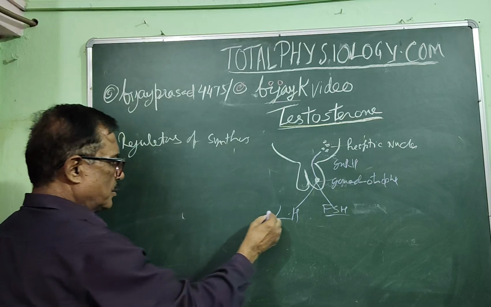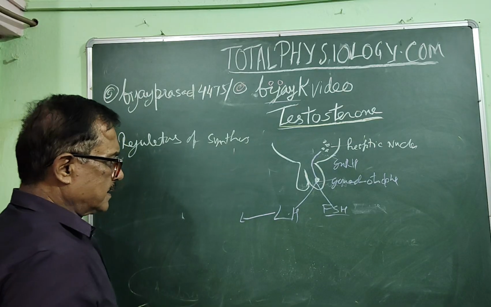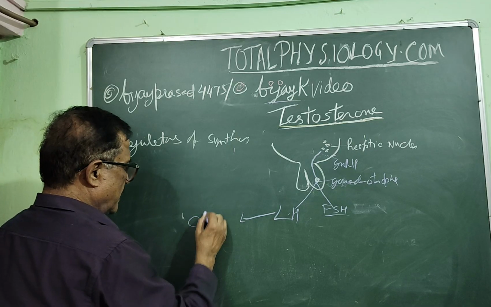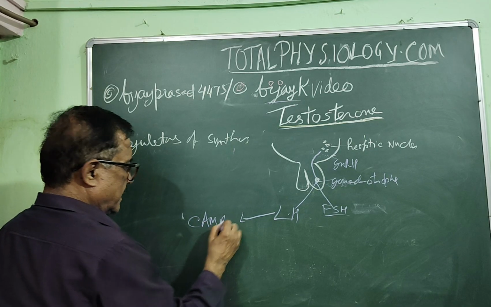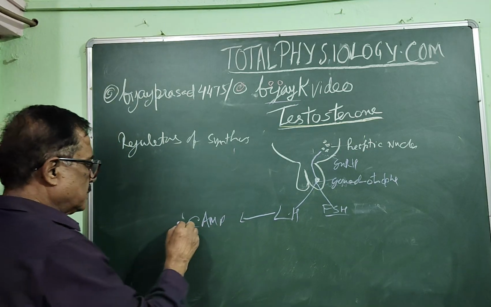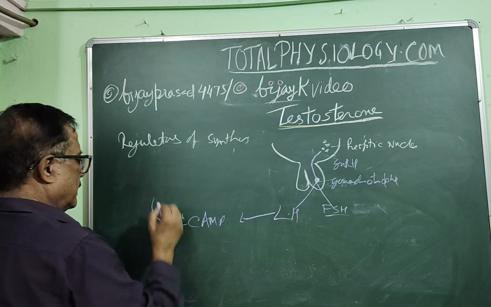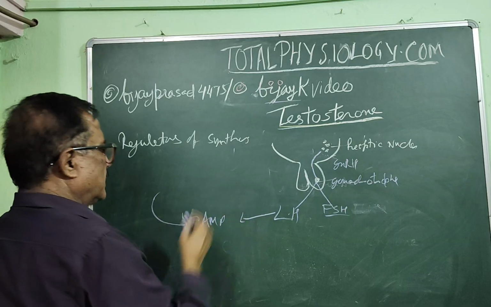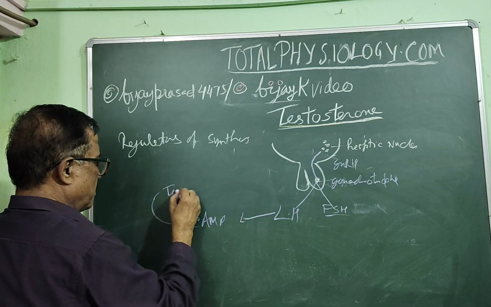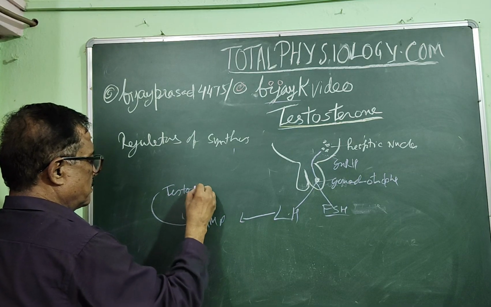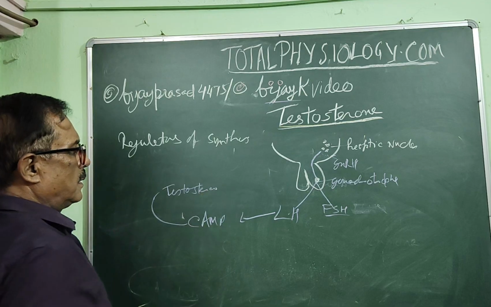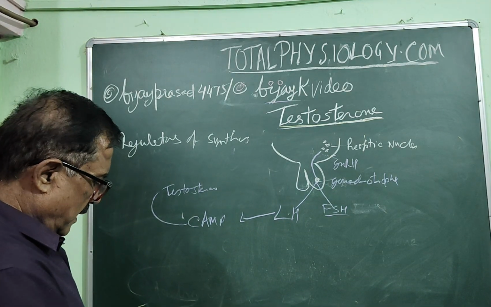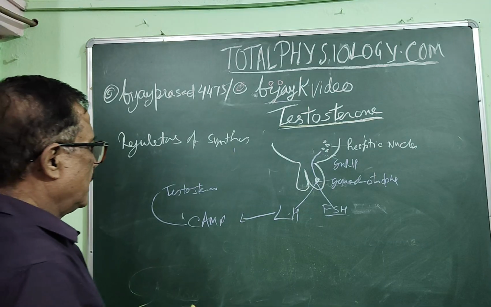This luteinizing hormone acts on target cells and causes formation of cyclic AMP, which causes formation of testosterone. When testosterone is formed, it exerts negative feedback.